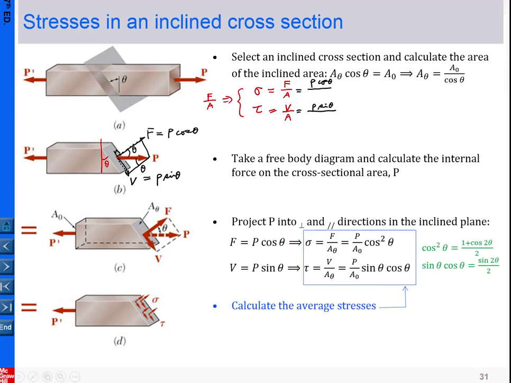Now we figure out what A is. What is the cross-sectional area of the inclined plane? You can visualize that the inclined plane can be related to this normal plane. We call this A naught. And for the inclined plane, let me highlight here, this is A theta.